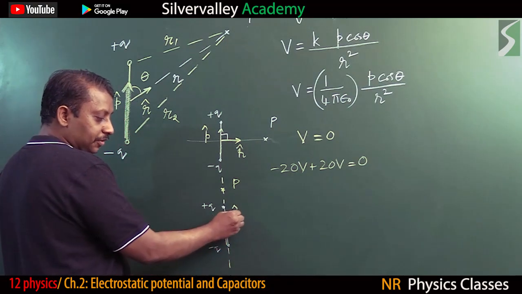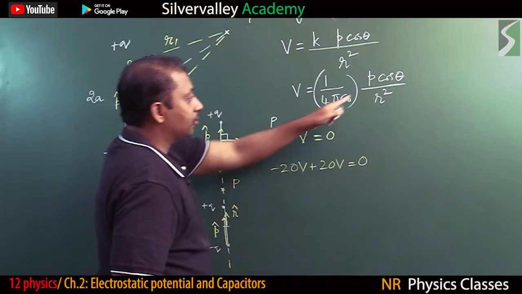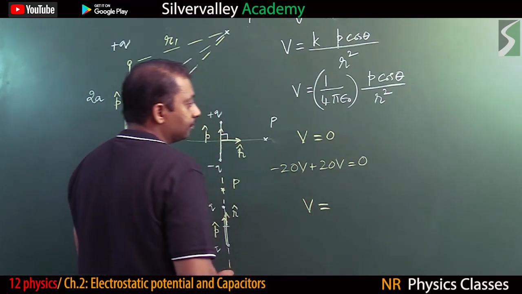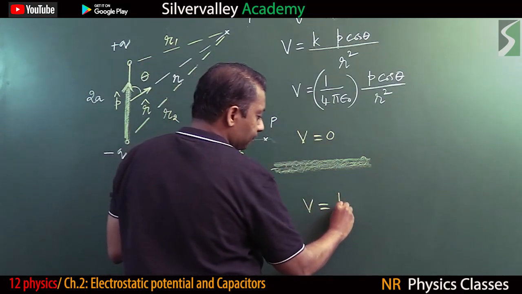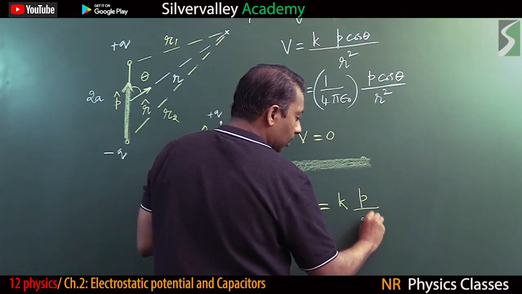The angle between these two is 0, so theta equal to 0 degree. Cos 0 is 1. Therefore potential is given by constant, this is 1, p by r square.